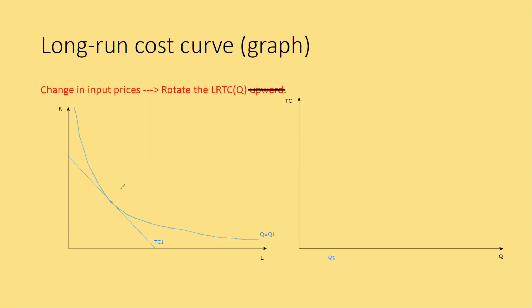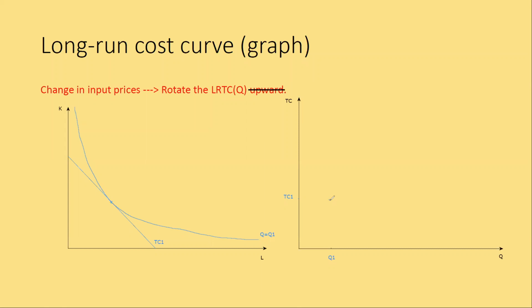Anyway, if this is our solution and TC1 is our solution over here, we can find the corresponding value of TC1 on the right panel, right? So let's say this is the level of TC1. Then we can mark this point.